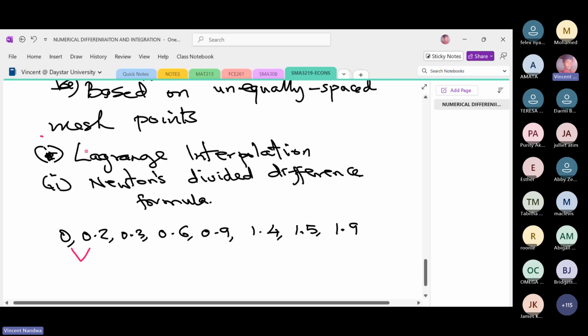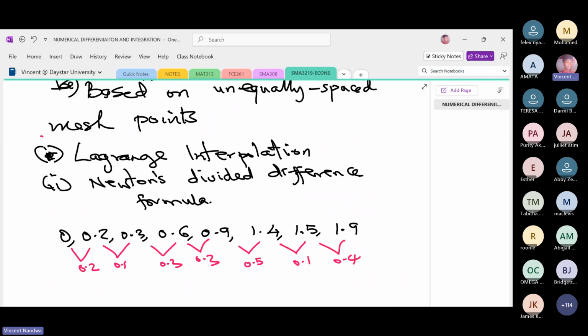For instance, here the difference is 0.2, here the difference is 0.1, here is 0.3, here is 0.3, 0.5, 0.1, 0.4. You see, all these numbers are not the same. So such are examples of unequally spaced mesh points. For unequally spaced mesh points, it's not easy to express other values of x in terms of the starting value x0, because of this varying distance between consecutive values.